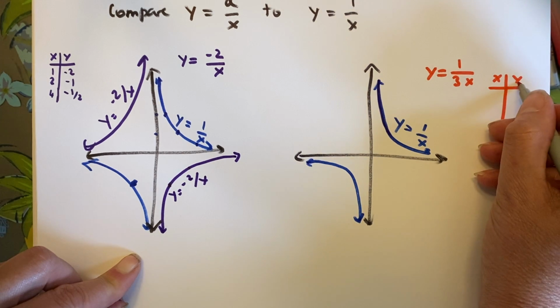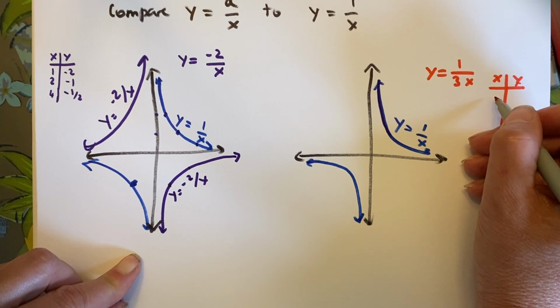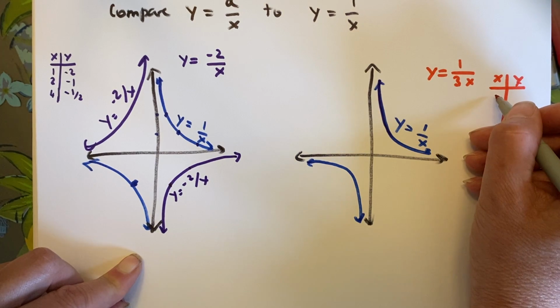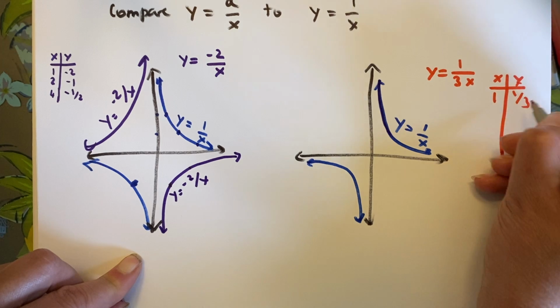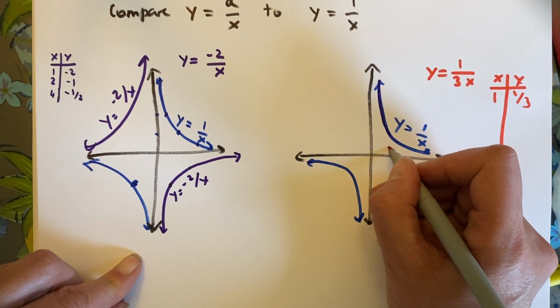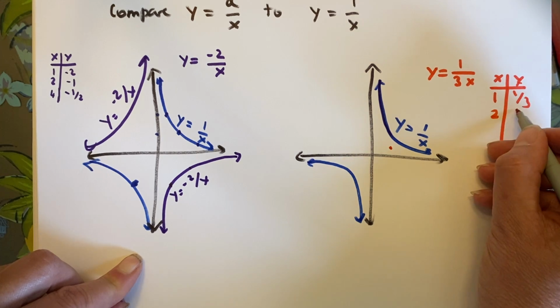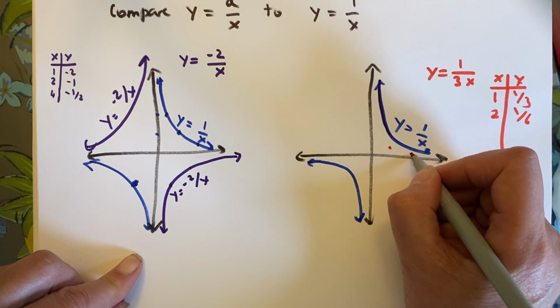If I do my xy values over here, I can see that if x is 1, x still can't be 0 because 3 times 0 is 0, right? So that can't work. But if x is 1, y is 1/3. So it goes from here down to here. If x is 2, y is 1/6. So again, further down here.